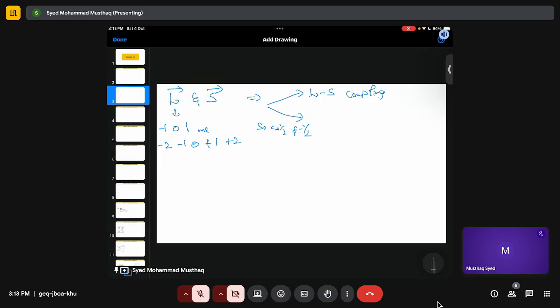There is LS coupling and there is also LL coupling. What is the difference? These LS couplings mostly happen in D block elements and LL coupling mostly happens in F block elements due to the electron shielding.